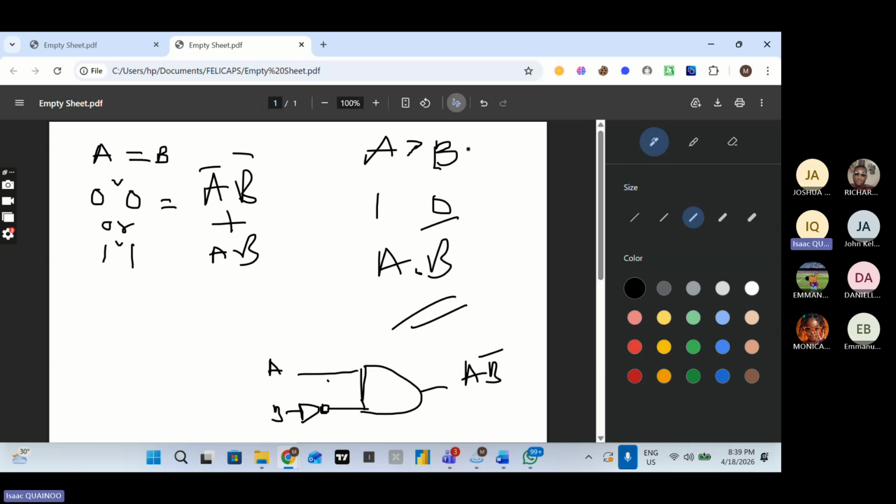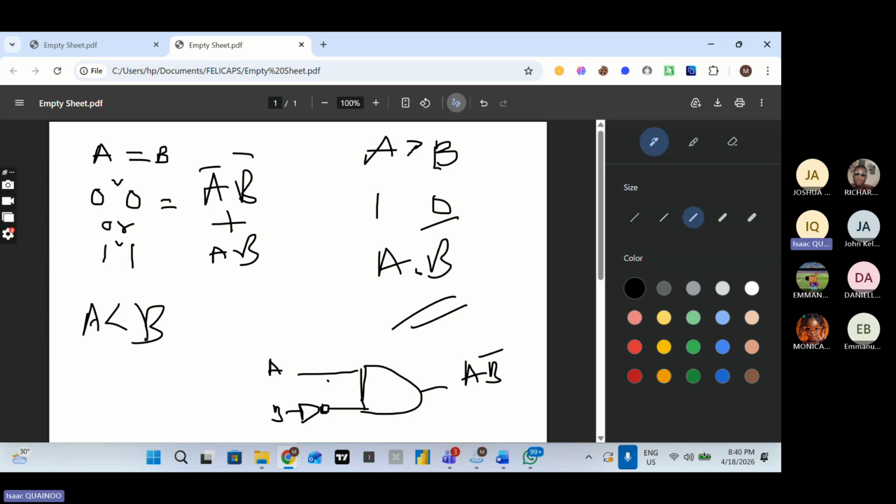Okay, so let's move on to less than. So A less than B, we just have to ask ourselves the same question: when is A going to be less than B?